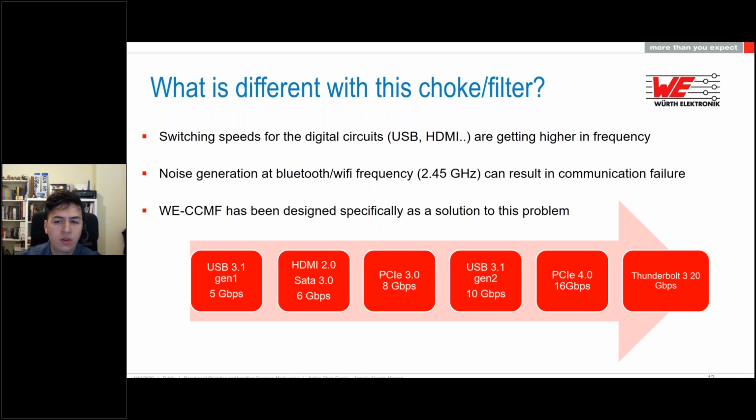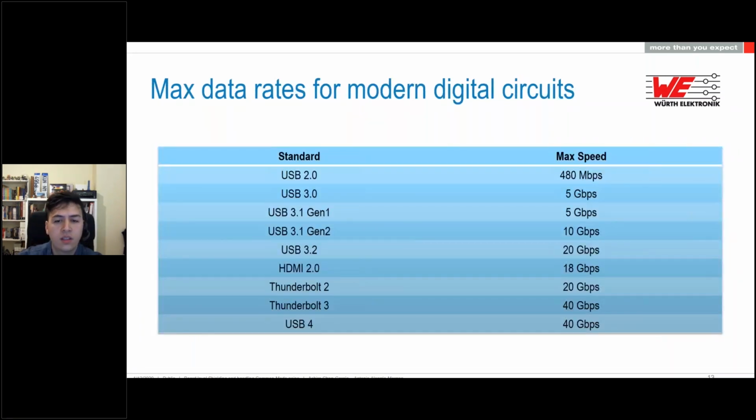Also, USB 4 specification was recently released, and it will be coming for users in the upcoming months. Not so late, actually. Some companies are already working on it, so soon it will come. Here we can see the maximum speed the newer interfaces are working.